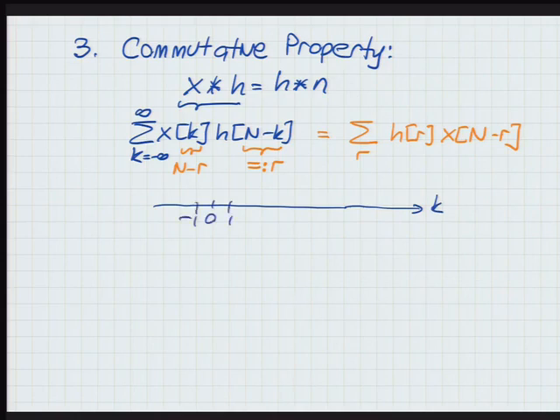Instead of counting over these, what you're saying is, let me mark a point here, n, okay? And let me call that point r equal to 0. And this point becomes r equal to 1. This point becomes r equal to 2. This becomes r equal to negative 1. So instead of summing over these, I go backwards and sum over r. Same thing, you'll get the same answer. You satisfied? Good? Okay. Order doesn't matter in convolution.